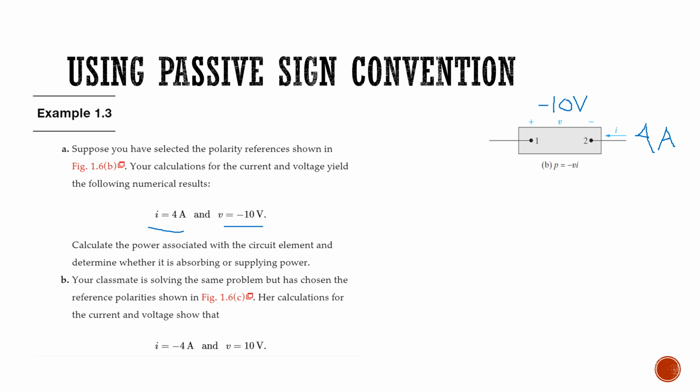Now, the current is entering at the negative terminal, so the charge is going through a voltage rise, which means our power value is negative.